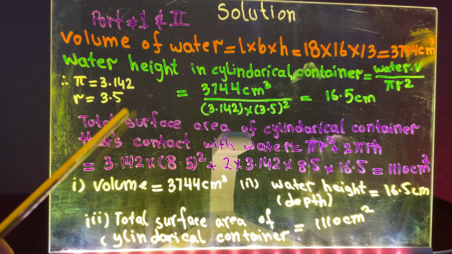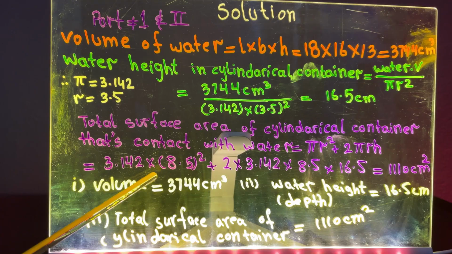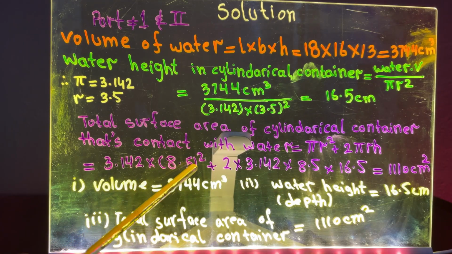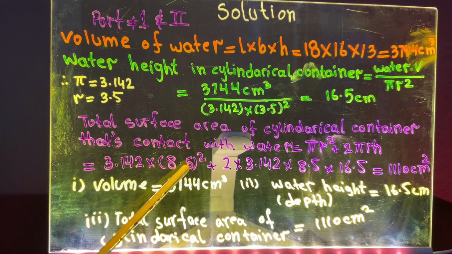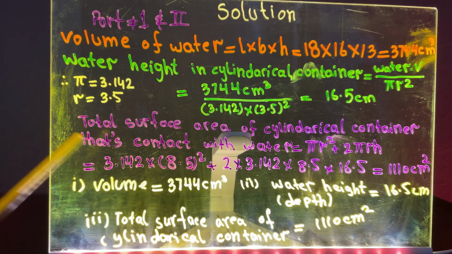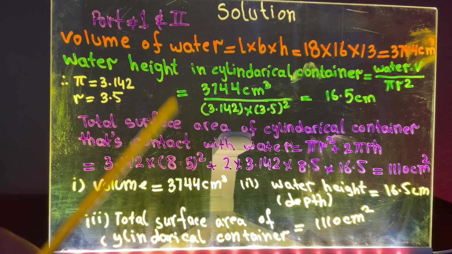So here the value of pi is already mentioned, 3.142, multiplying by r square, where r is the radius of the container in the form of a rectangle. That is 8.5, which is also mentioned at the very start when I introduced the question. In the intro of this question, all these values are given. So I will take the square of 8.5 here.